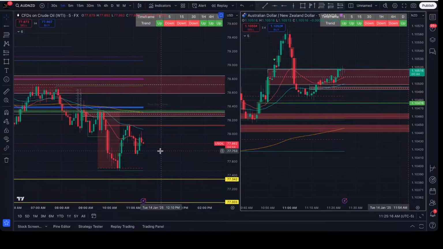About 5 minutes left. Oil finally starting to push. Let's see if it continues.